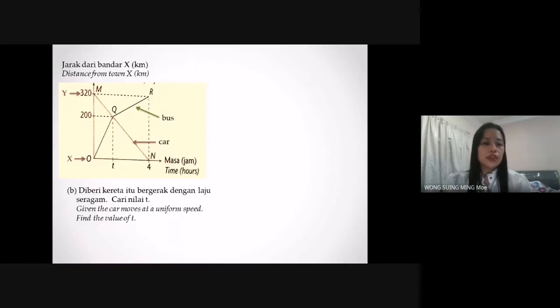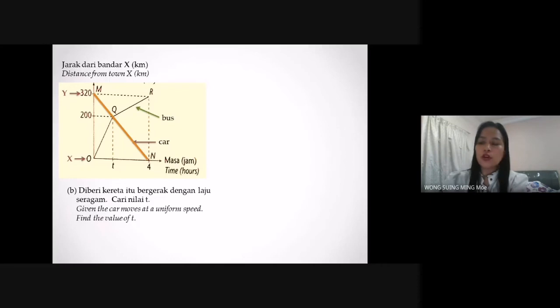B. Given the car moves at a uniform speed, find the value of t. The straight line MN represents the journey of a car. From the graph, we found that a straight line means the car travels in uniform speed.